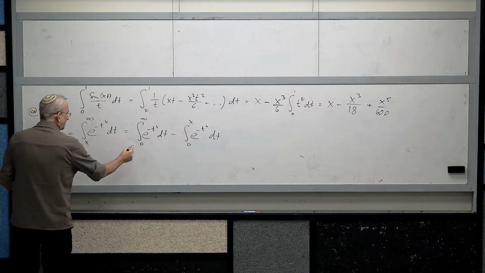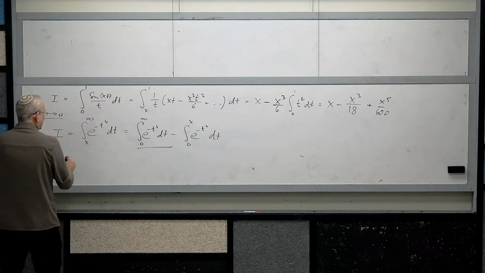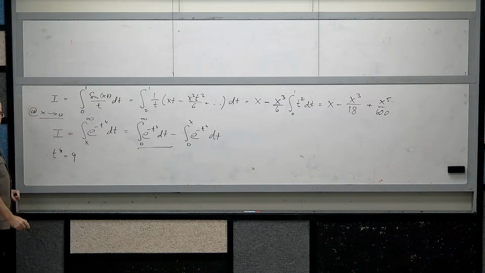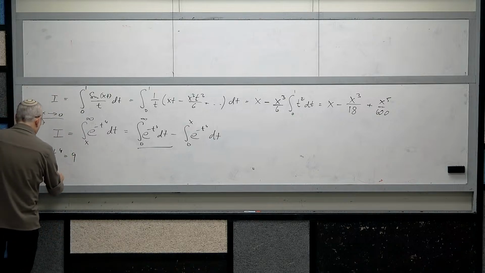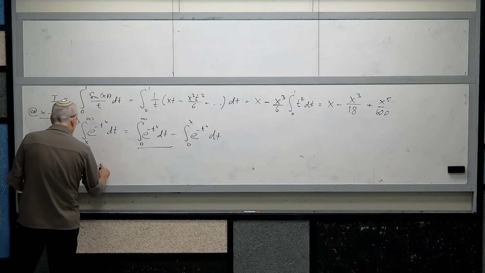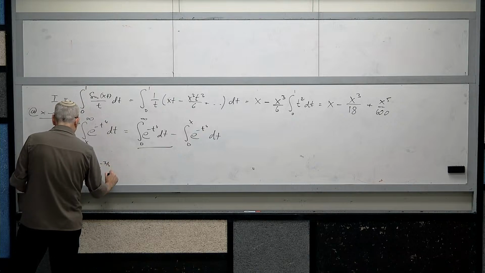Okay, so to understand what that is, let's define t to the 4 to be q. Therefore t is q to the 1/4, and dt is q to the minus 3/4 times dq times 1/4.